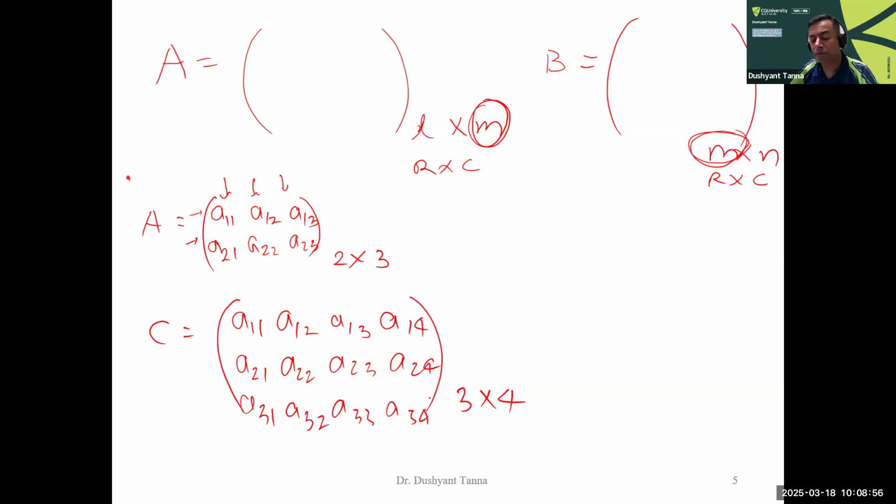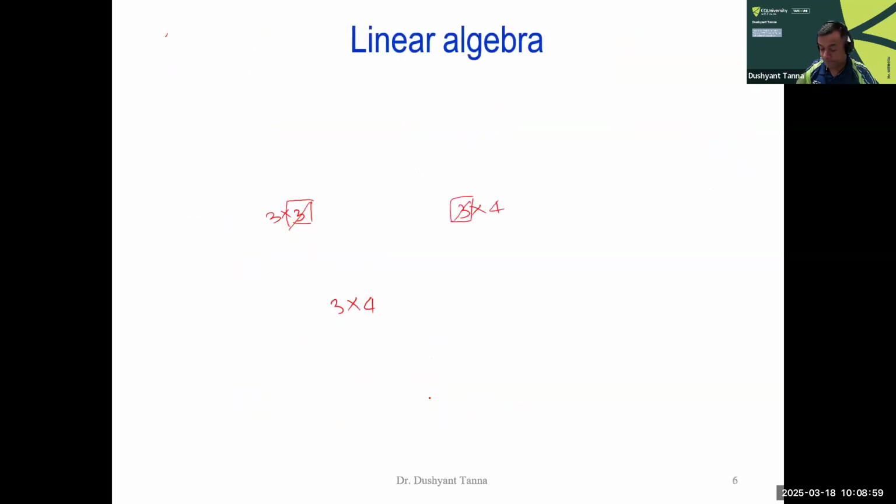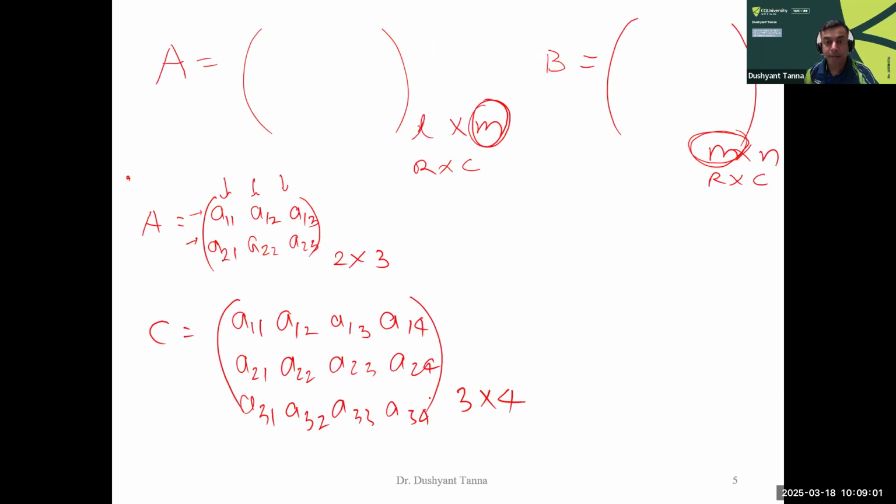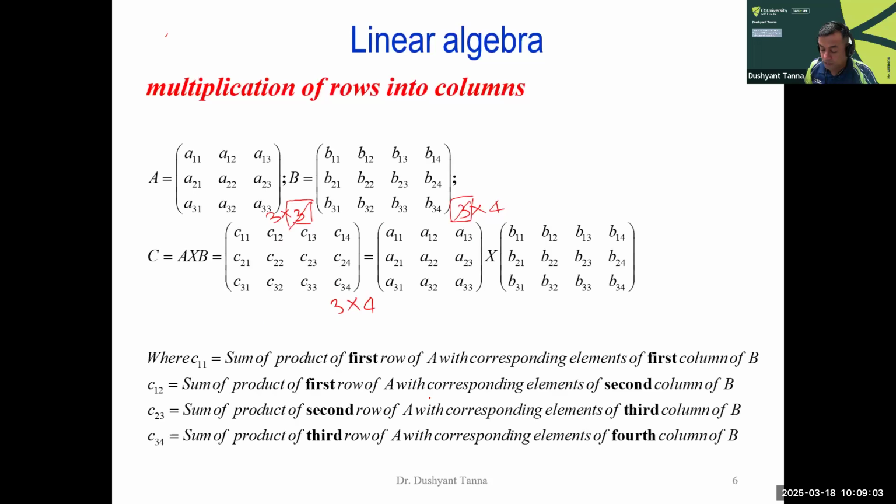It should have only 3 rows and 4 columns. So this is how our C is structured: 3 rows and 4 columns. Now, what is C11?